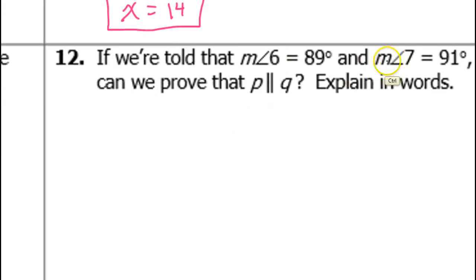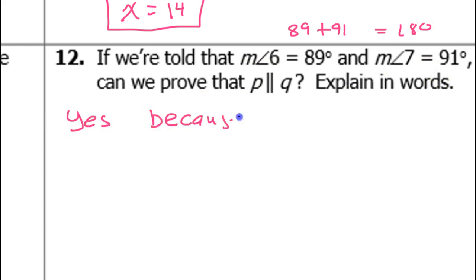Okay, so are these supplementary? Yes, these are supplementary. If we add 89 plus 91, that is equal to 180 degrees. They are supplementary, so we will say yes. And those were consecutive interior angles.